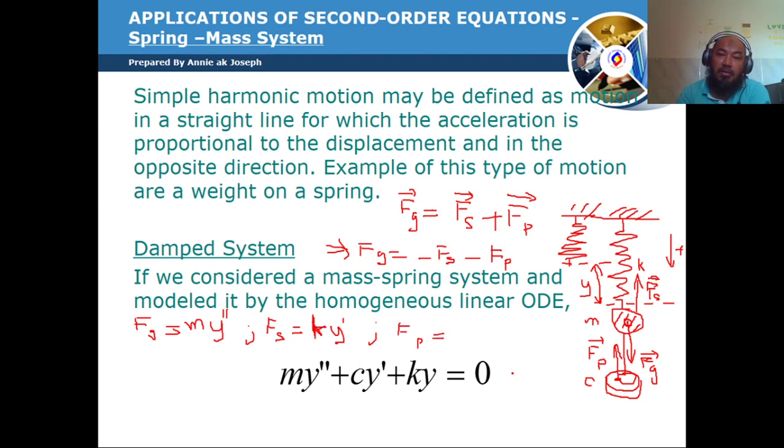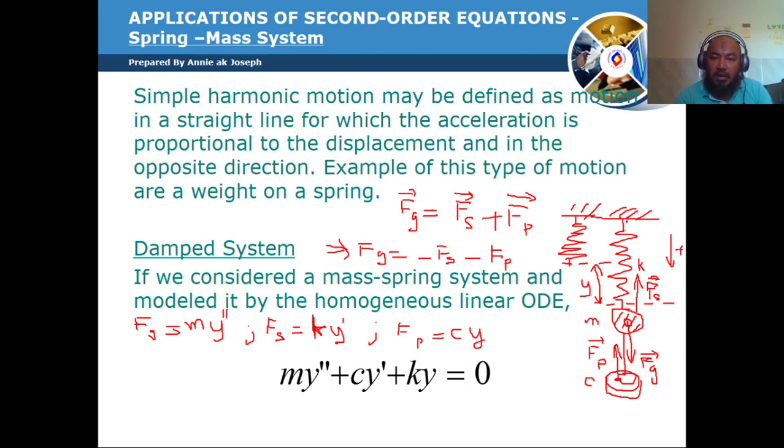It will be equal to the damping constant multiplied by the speed. Okay, so all of these are in equilibrium.